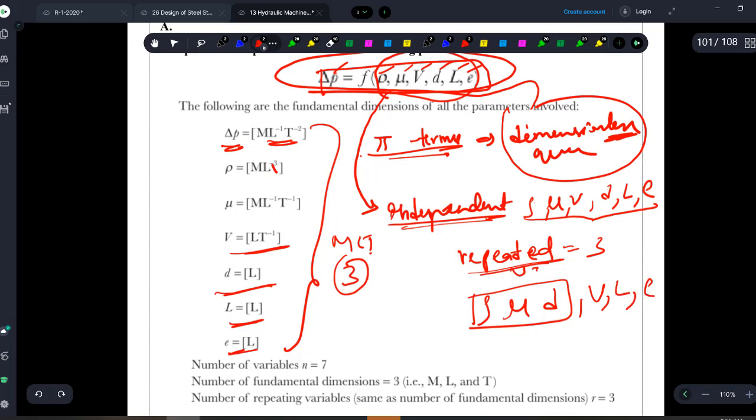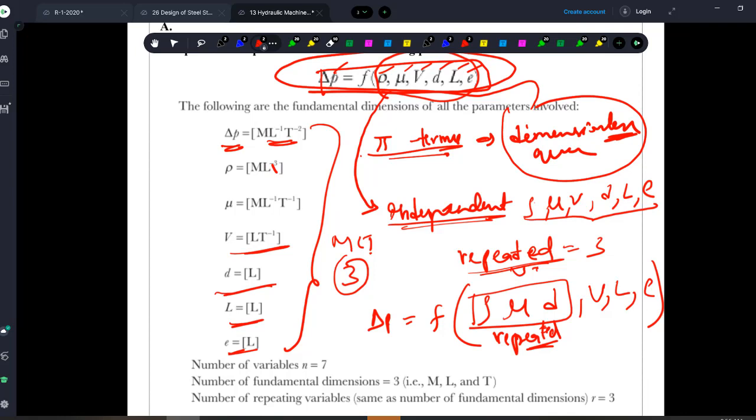Agreed or not? So my delta p is a function of rho, mu, d, which are the repeated variables. I'm selecting these 3 as repeated variables. How many repeated variables do you have to select? The same number as the fundamental dimensions involved. M, L, T are here, so 3 are repeated, so I am taking 3 terms as repeated. I hope it is very clear, right?